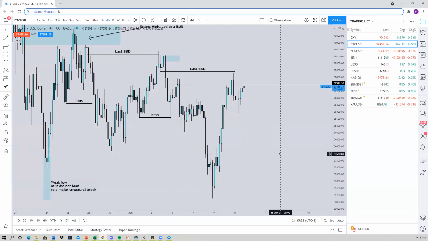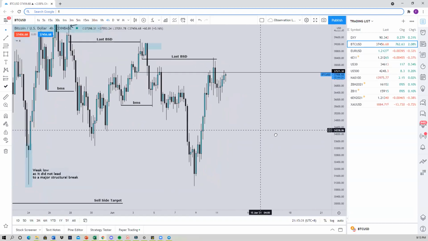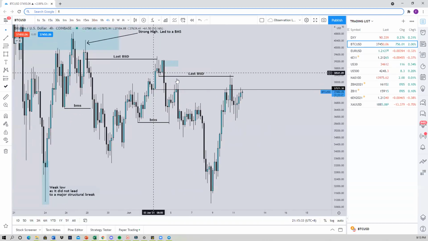When we look at an order block or this last buy side delivery, if there is no fair value gap on lower time frame, higher time frame fair value gap is valid.